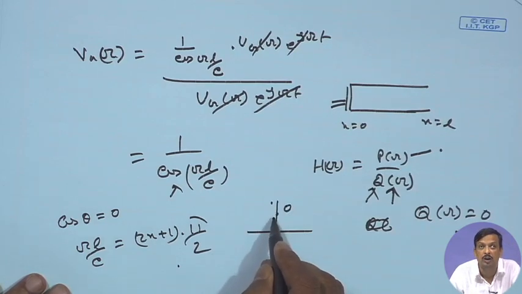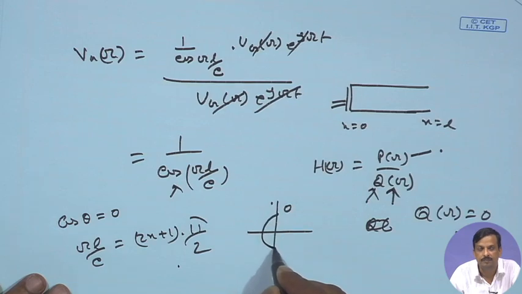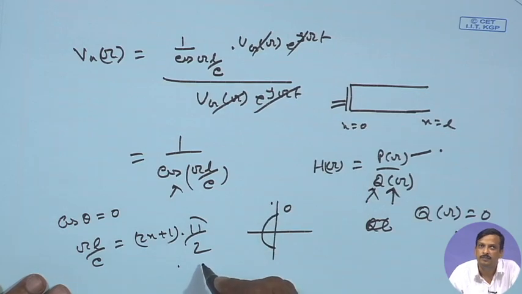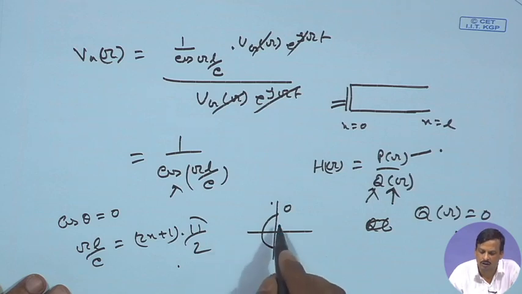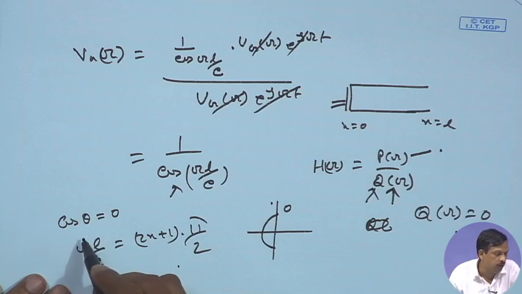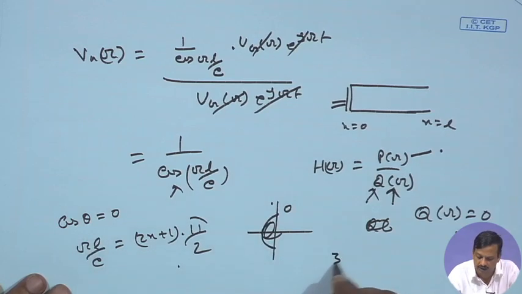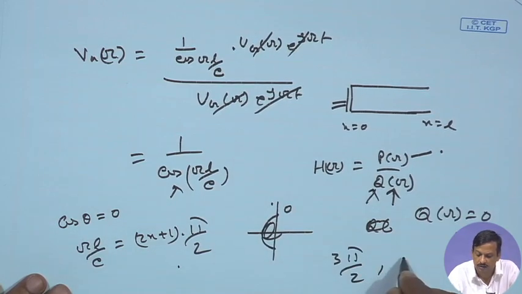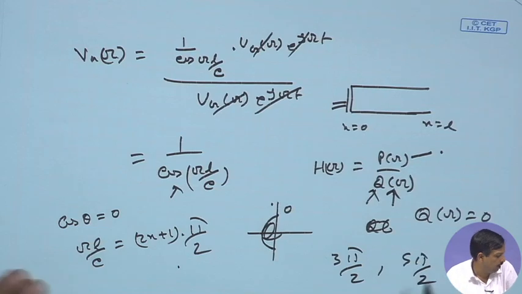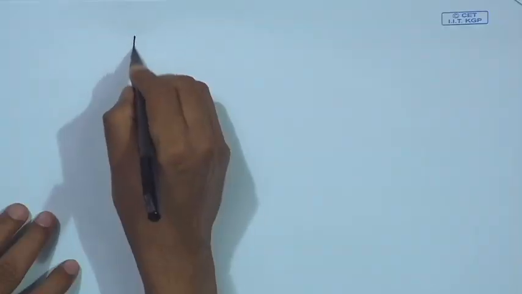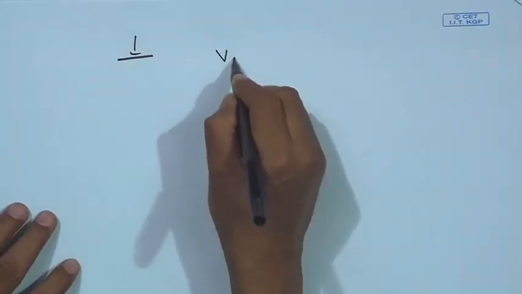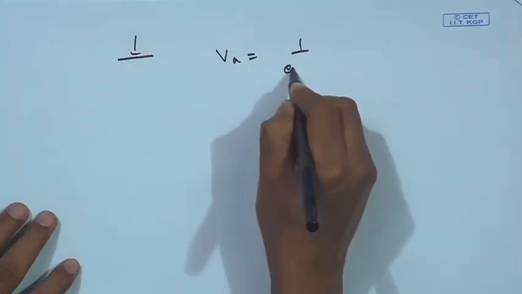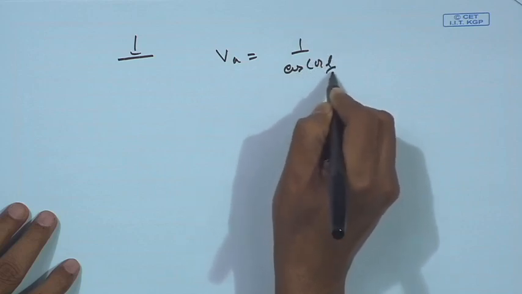Again it will be 0 where? At 3 pi by 2, at 5 pi by 2, and that way it will be 0. Okay. So, V_A is nothing but 1 by cos omega L by c.